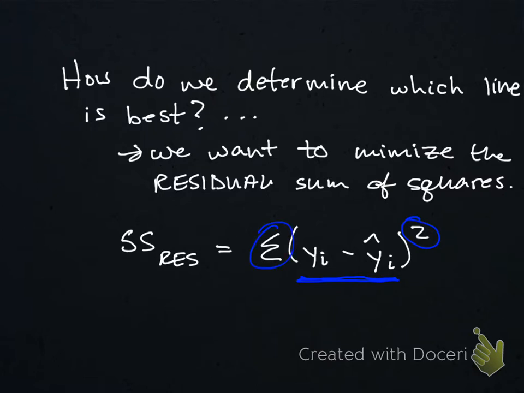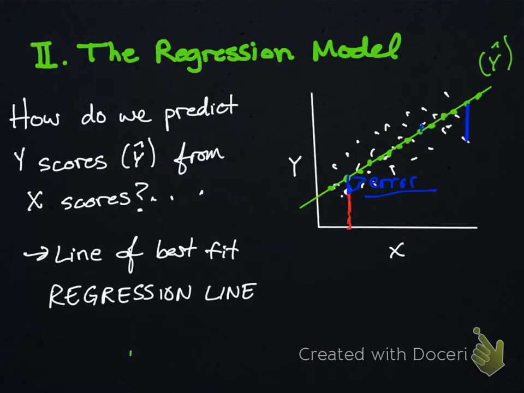So the sum of squared deviations for the residual, or you might even refer to it if you want as the sum of squared error, if you like. And the idea is that we want this total here, this sum, to be the lowest it possibly can be. So in total, we want the least amount of squared difference between each person's actual Y and the Y that we predict with our regression model.